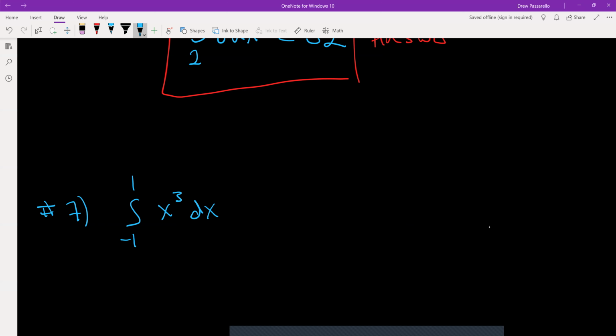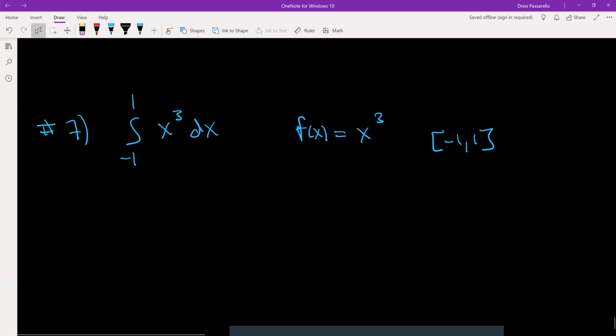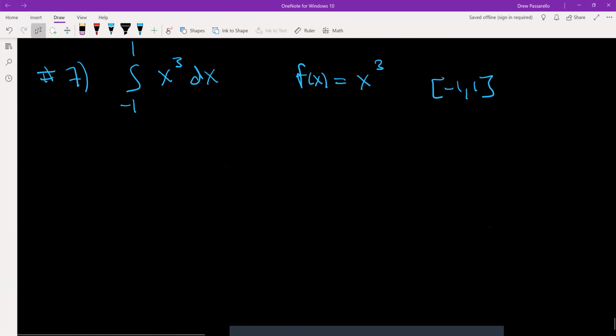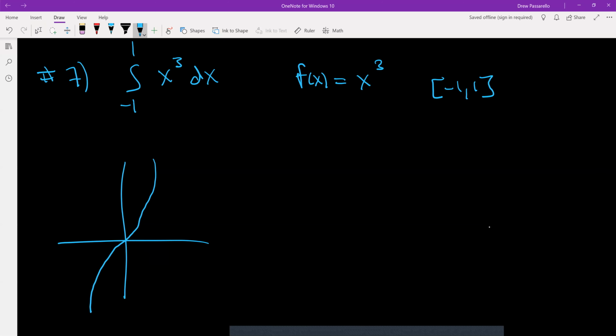So our function's x cubed. The bounds of the integral are -1 to 1. So that gives us the closed interval -1 to 1. And just to think about the cubic function's graph, it looks like that. 1 cubed is 1, and -1 cubed is -1.